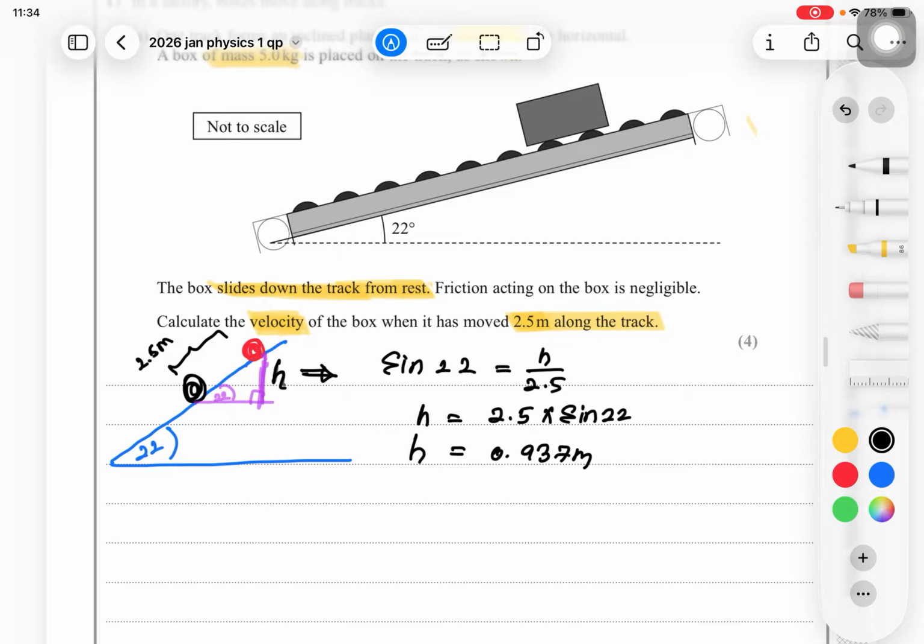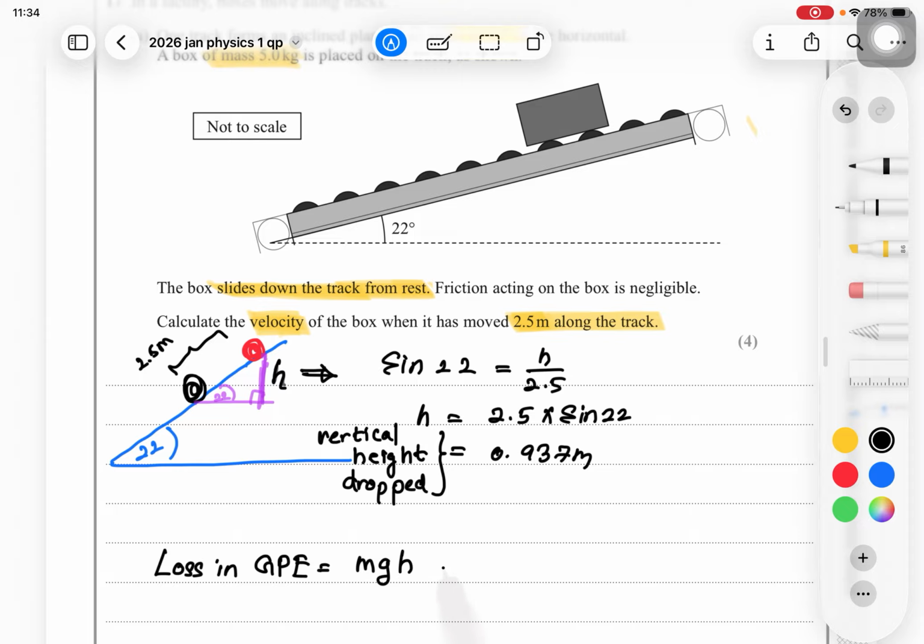So what does this mean? If I write it verbally, it's the vertical height dropped. Once we know the vertical height it dropped, that will help us find the loss in GPE. The loss in GPE is mgh, which is the change.